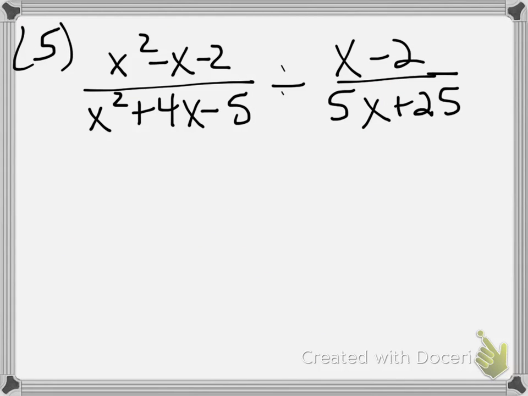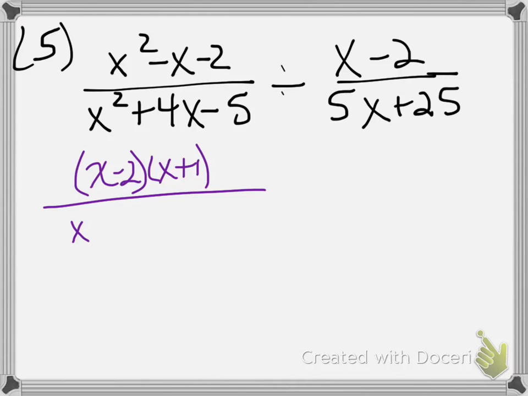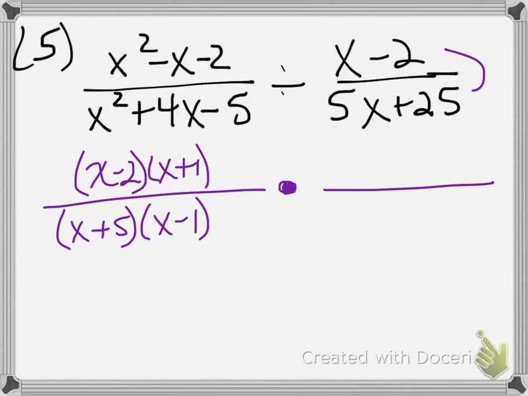For number 5, factoring this, I'm going to have x minus 2 times x plus 1 over x plus 5 times x minus 1. Now I have to switch this to multiplication, and I've got to flip this fraction. So the x minus 2 is going to go in the denominator, and it doesn't factor any further than it already is.